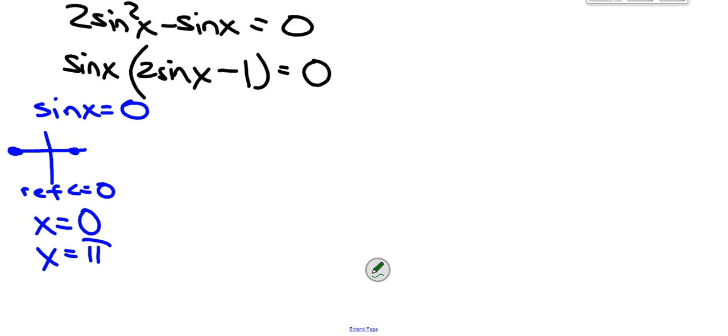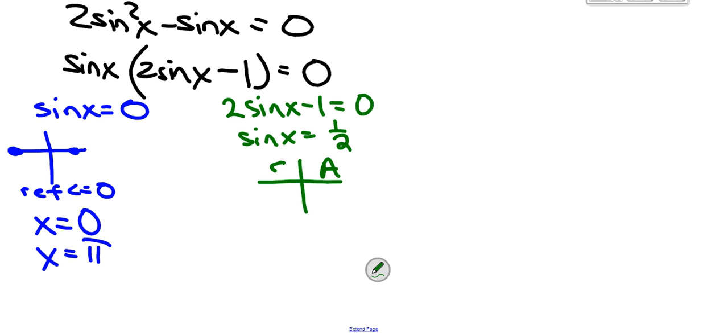And then for this 2 sine x minus 1 equals 0, can I jump to sine x equals what? What does sine x equal? 1/2, and I'll add 1, divide by 2. So sine x equals 1/2, and then I just go back to my table and method of doing this.